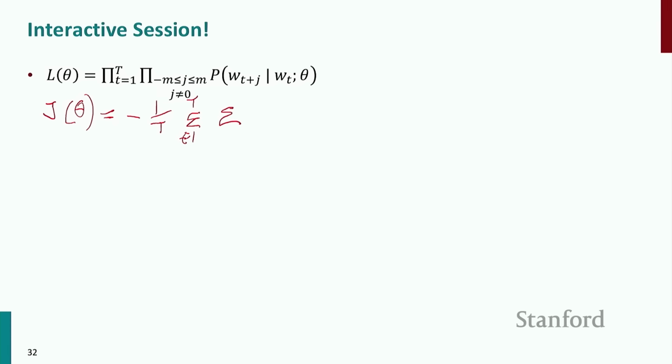The sum over position t, I've got a more neatly written out version of it that appears on the version of the slides on the website. And then we're going to be taking the log of the probability of the word at position t plus j.